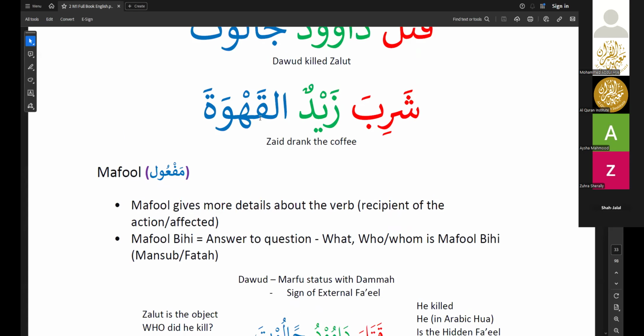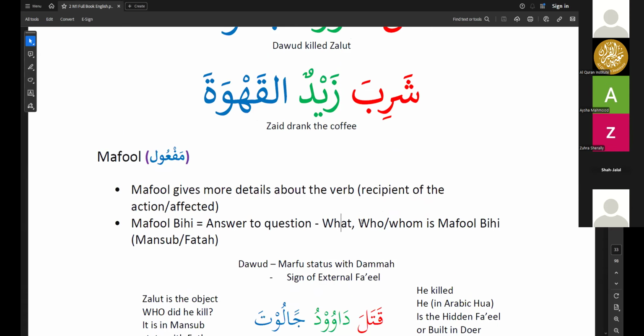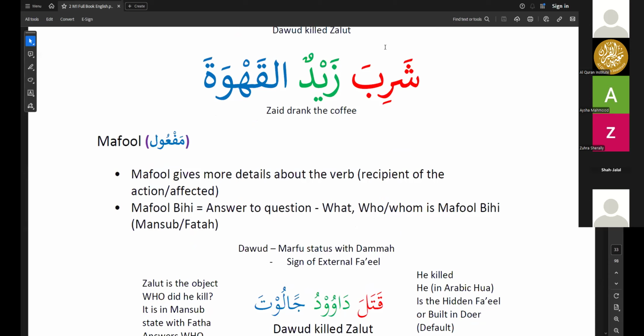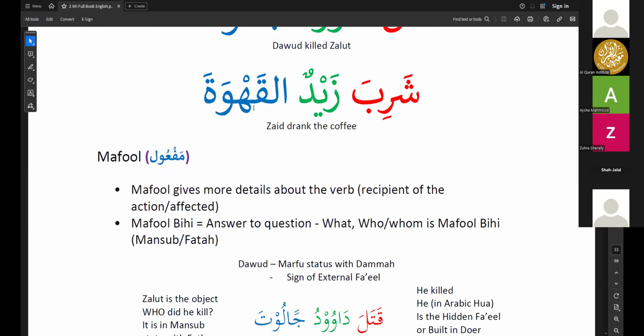So the answer to this question is the maf'ul. Maf'ul has different subtypes: maf'ul bihi, maf'ul fihi, maf'ul ma'ahu. Don't worry, we'll learn this later. At this moment, if we ask these three questions, what, who, whom, to the fi'l, the answer we get is maf'ul bihi.